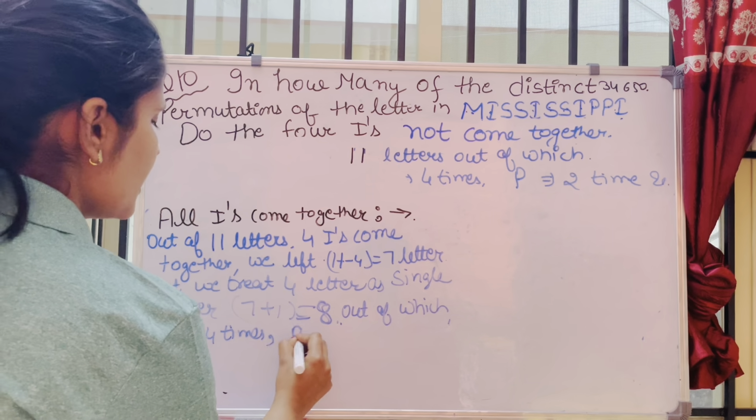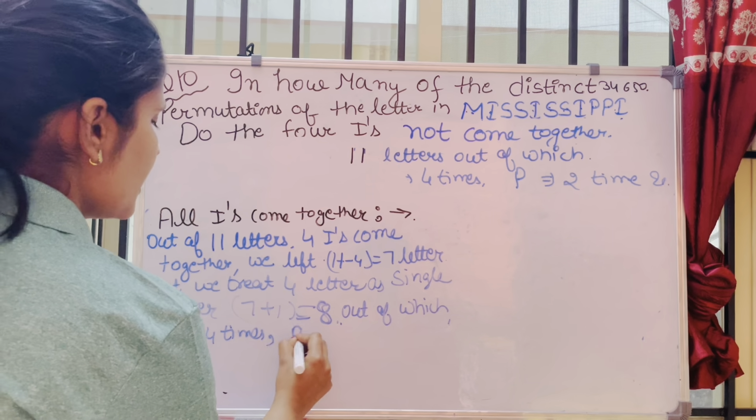Out of 11 letters, the condition is 4 I's come together, right? So 11 minus 4, that is 7. So here 7 letters are there, but take these 4 letters as a single letter. So 7 plus 1, 8. Now we have total 8 letters.